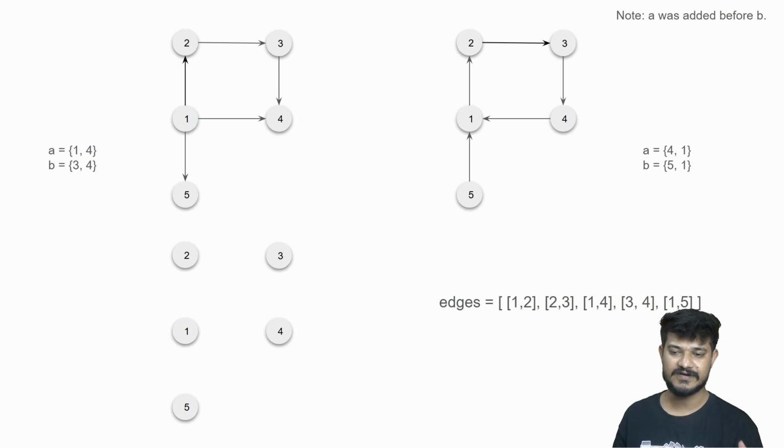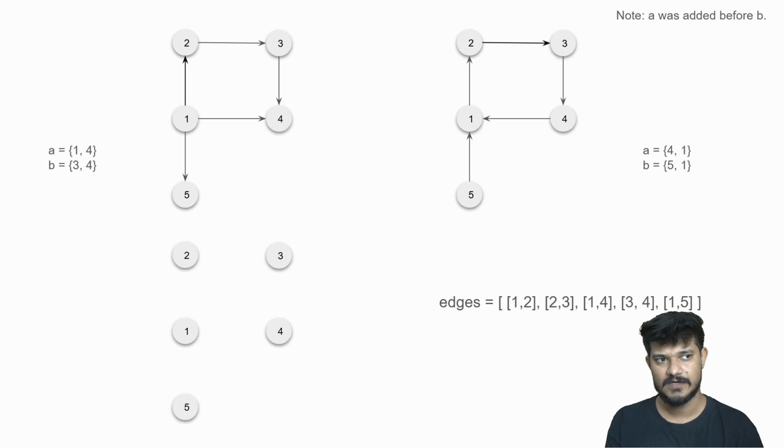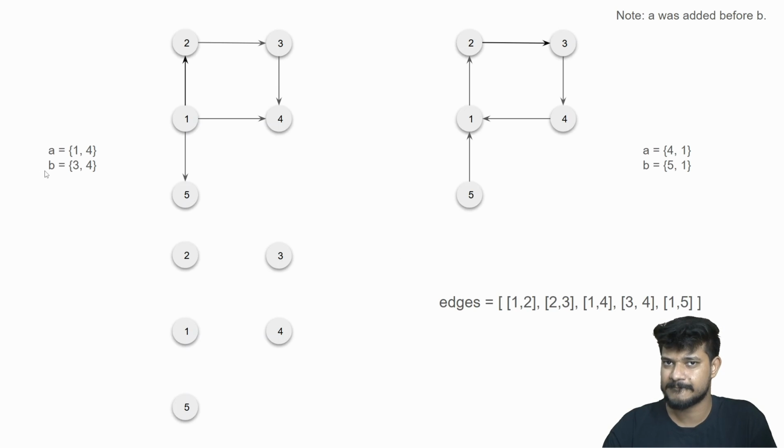So what we'll do is try the exact same thing. We'll try to see if any edge creates a cycle, and we'll do that without using edge B. While we are processing all of the edges, we know which edge is A and which edge is B. When we are processing, to check whether there is a cycle or not, we find out whether we have a cycle without using edge B. For example, B is added later.